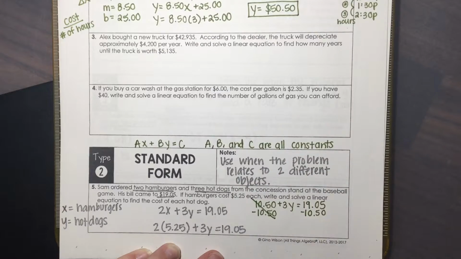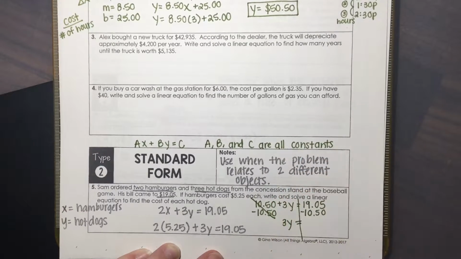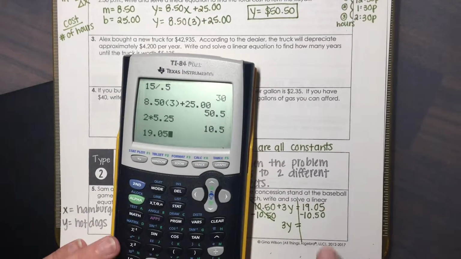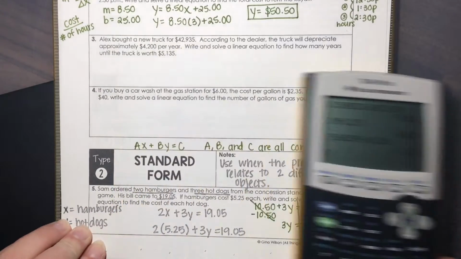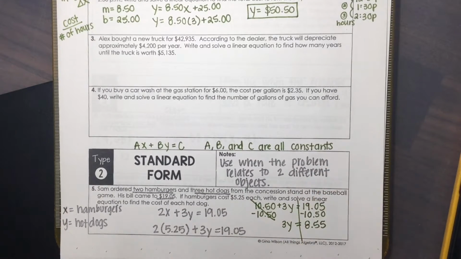So these cancel out. When I'm solving this, I get 3y equals 19.05 minus 10.50, which gives me $8.55. Now I have 3 times y. In order to get rid of that multiplication, I now have to divide.